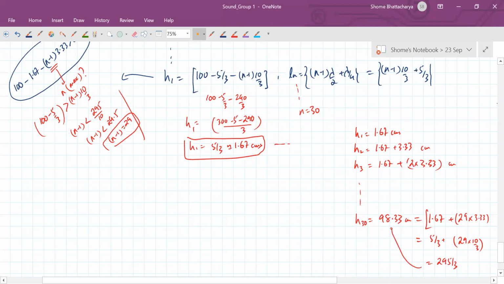So that should give you this. So in all you will get 30 resonances for that frequency of 5.25 kilohertz, starting with the first resonance occurring when the water column is 1.67 centimeters high.